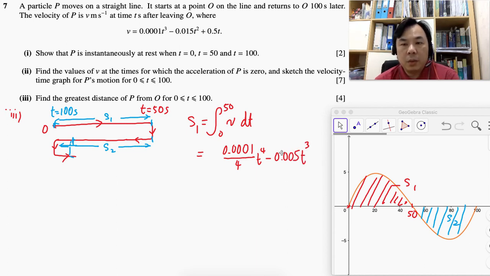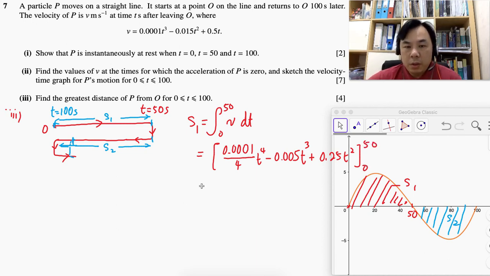Don't forget that we increase the power by 1, and then this one will be 0.25 t squared. And then we are integrating this from 0 to 50.